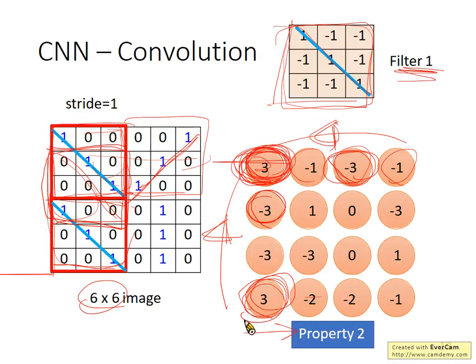The second property is that a similar pattern may appear many times in the whole image. In this case, the diagonal pattern from the left top to the right bottom appears at the left top corner and the left bottom corner. So we can see the filter response is big at the left top and the left bottom.